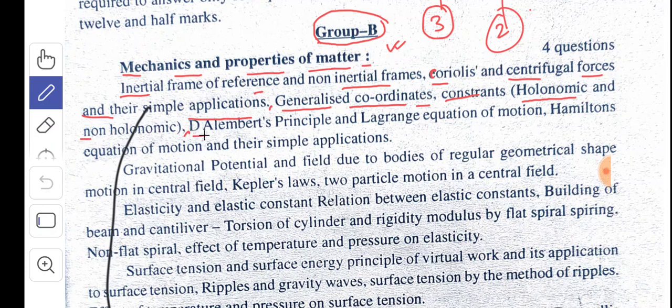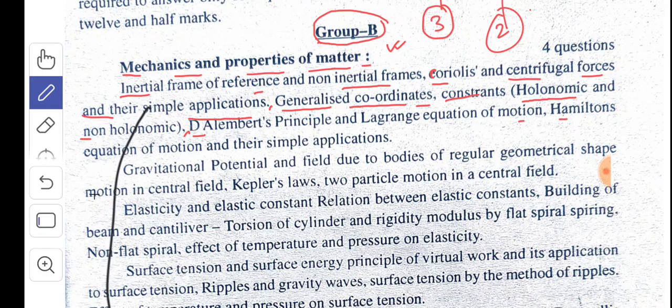Next topic is D'Alembert's principle and Lagrange's equations of motion. Another topic is Hamilton's equations of motion and their simple applications. Next is gravitational potential and field due to bodies of regular geometrical shapes.